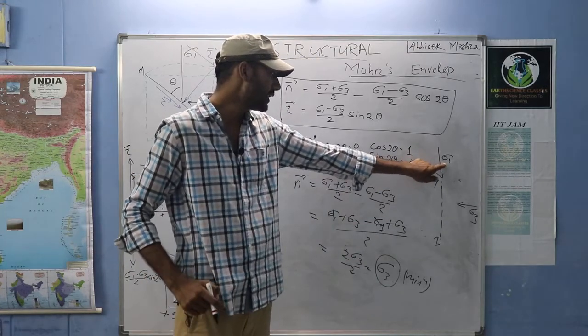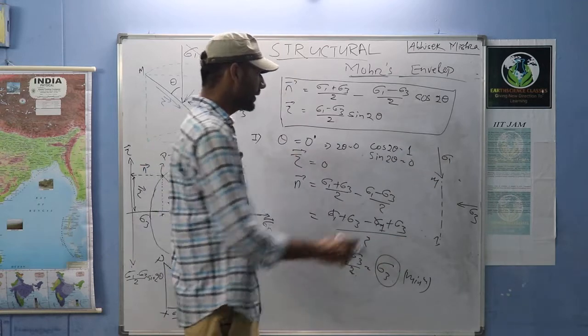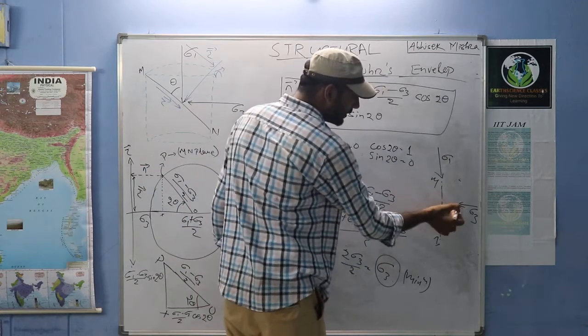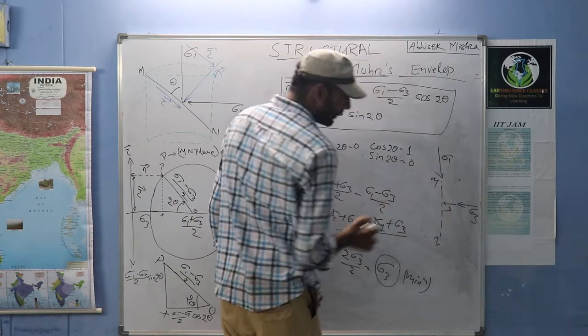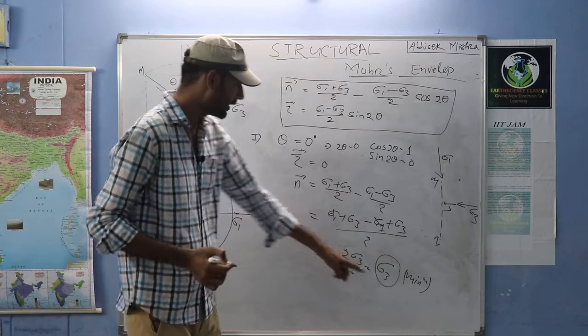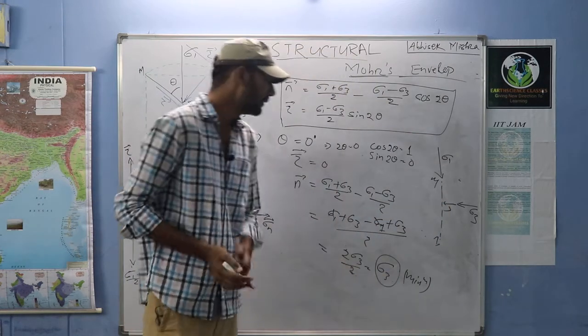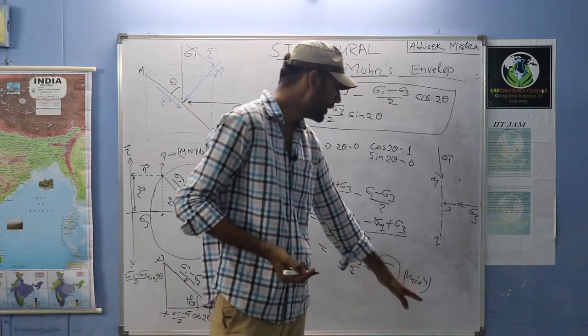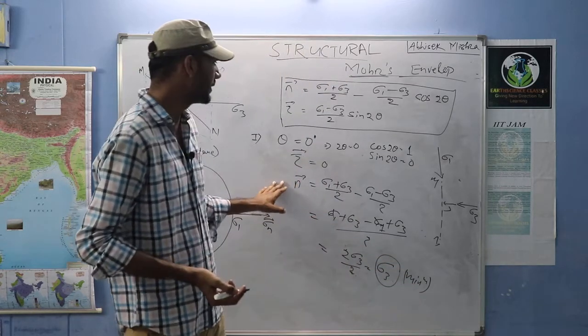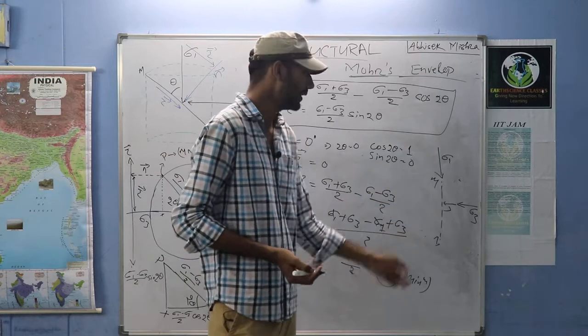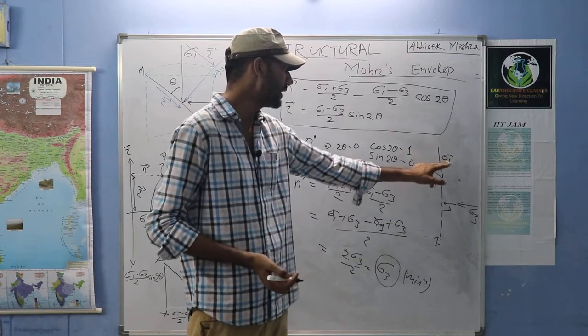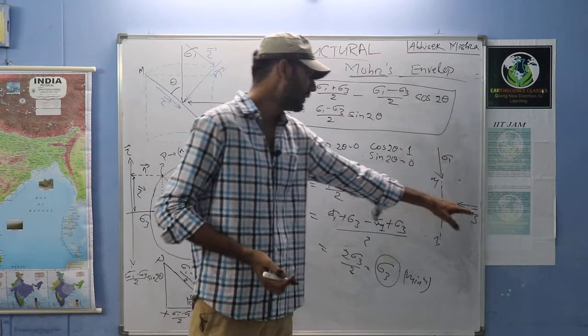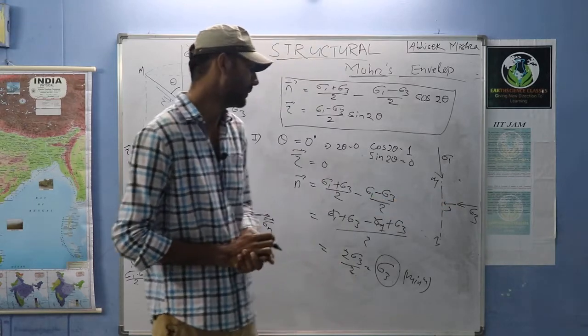That means the angle between sigma 1 and the plane. So you can see the normal stress acting on it is sigma 3, which is perpendicular to it. So I have also calculated sigma 3, which is the result. So that is the minimum normal stress acting on that plane Mn, right? When theta is equal to 0 degree, theta being the angle between sigma 1 and Mn, normal stress will be sigma 3.